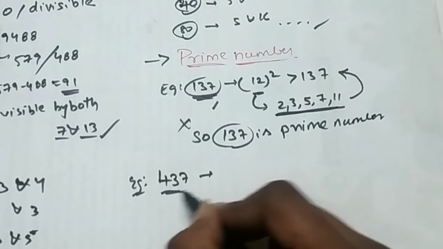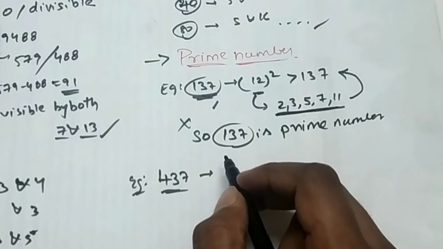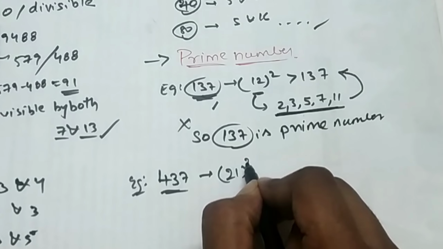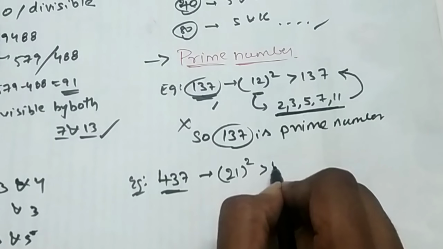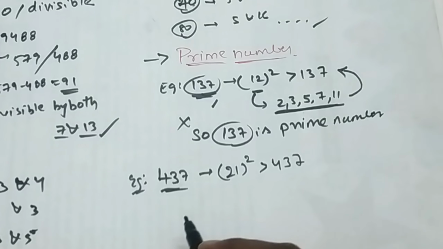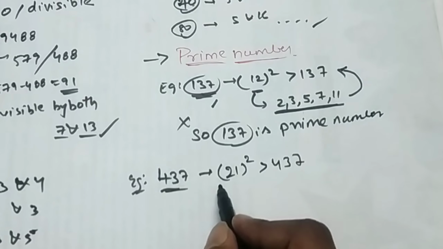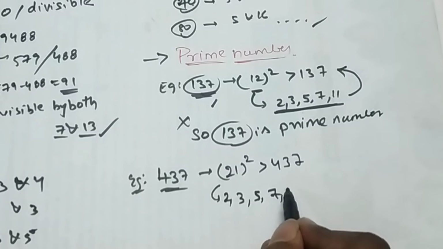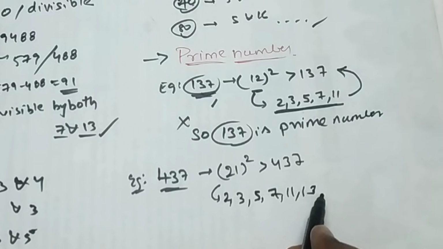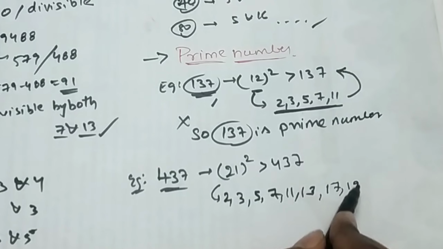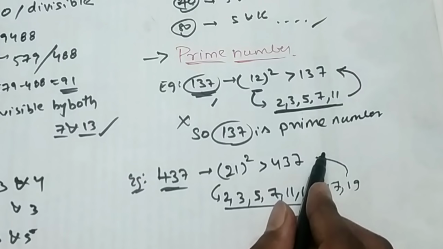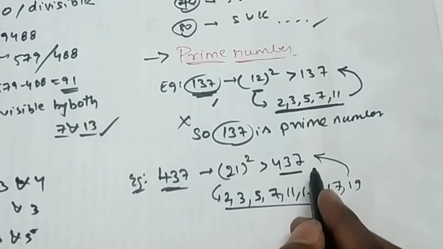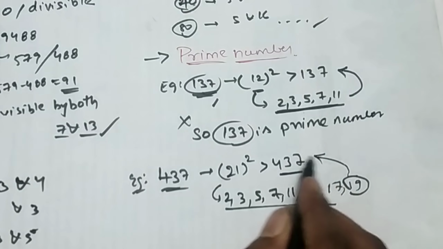The nearest square greater than 437 will be 21 squared. So we will check the primes below 21, which are 2, 3, 5, 7, 11, 13, 17 and 19. 437 is not divisible by 2, 3, 5, 7, 11, 13, or 17, but it is divisible by 19. So 437 is not a prime number.